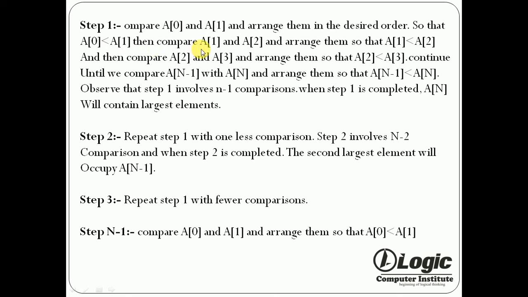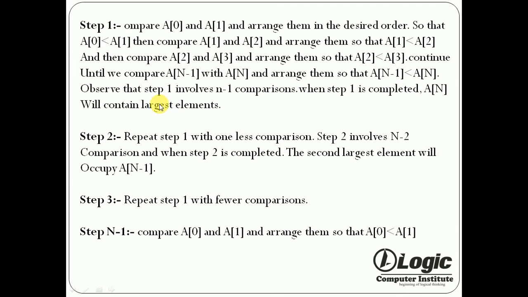Then compare a of 1 and a of 2 and arrange them so that a1 is less than a2, and then compare a of 2 and a of 3 so that a of 2 is less than a of 3. This continues until we compare a of n minus 1 with a of n and arrange them so that a of n minus 1 is less than a of n, that is, the last two elements are compared.